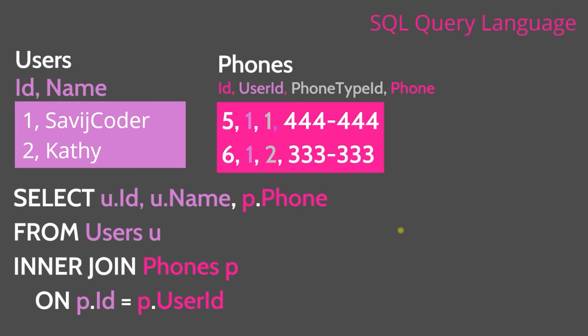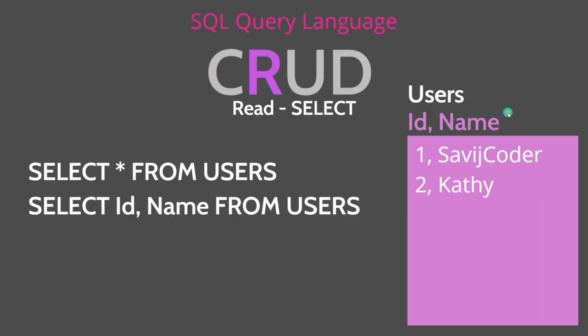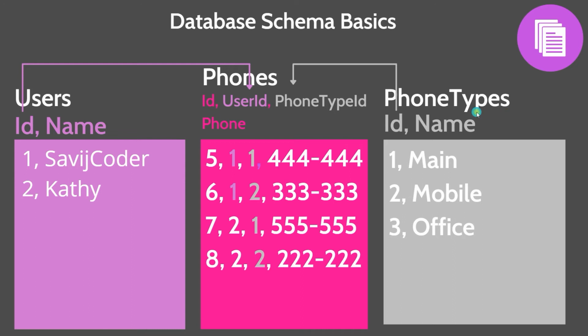So the question might come up, how would we select out just the mobile phone? Well, we know from looking back at our other data that we have a phone type table, and if we go back to our phone types, mobile is an ID 2. So we don't need to even use this in our query unless we need the text of mobile.